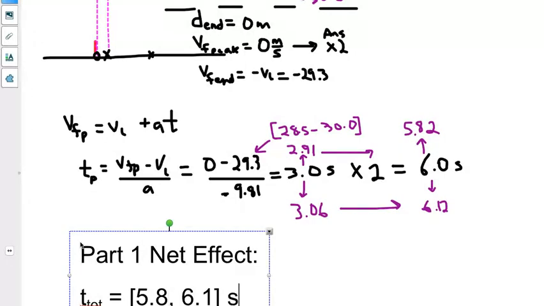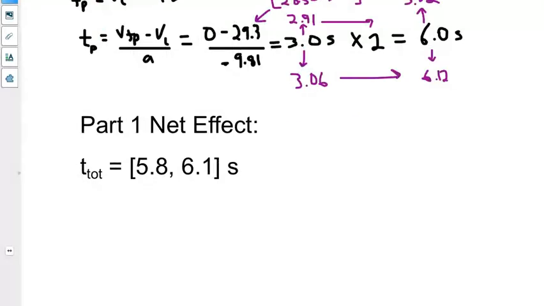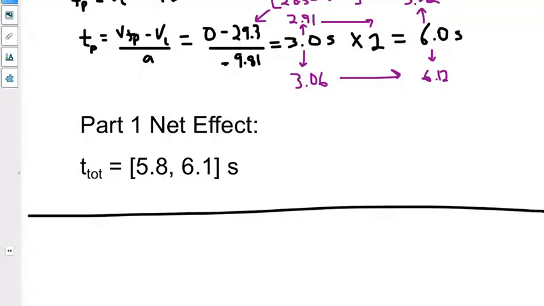If you went to the 100th, 5.82, 6, I don't care. That's fine. We're not sweating the sig figs on this one. This is more about approach to uncertainty. Part one, net effect. All right. Are we all good on this one? Everybody with me on this one? We feel comfortable with it?